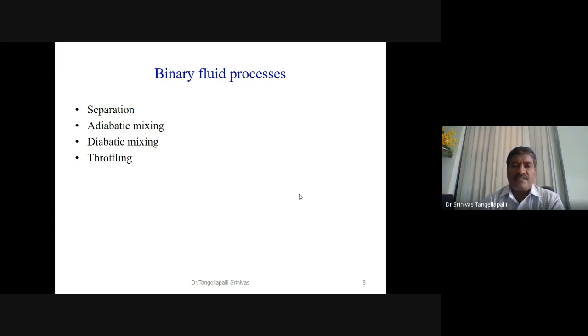In a binary fluid system, our objective is to simulate the exit condition of the throttling device. Because at the inlet of the throttling, we know very well the pressure, that's a high pressure, and the concentration and temperature, that's the PTX.